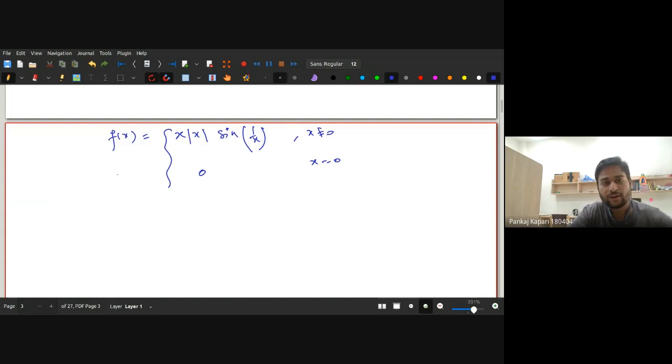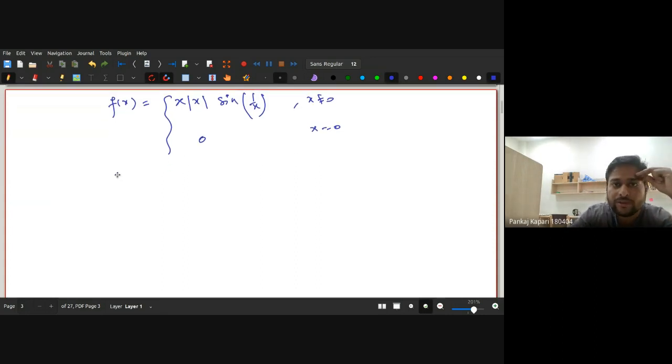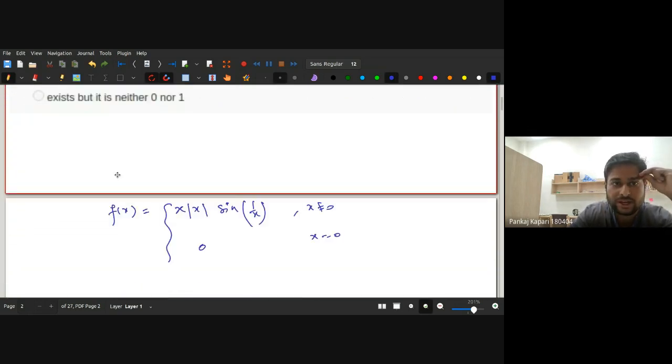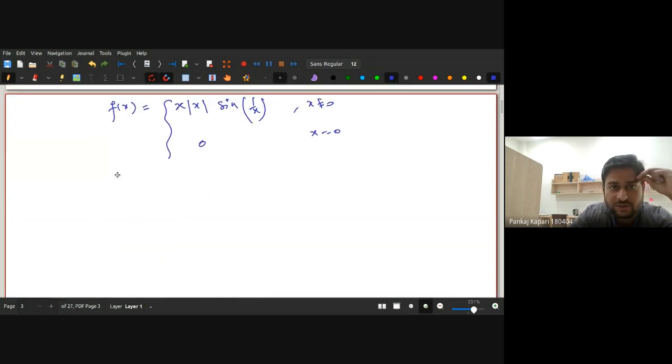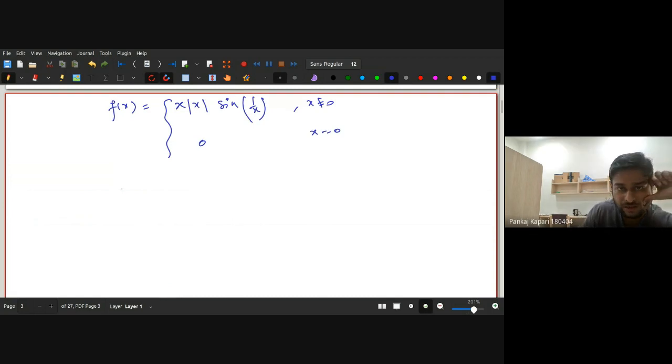And we have to find out if this function is differentiable at 0 or not, and if it is differentiable, to find the derivative. Actually, in the problem it says to find the derivative of the function at x equal to 0. So they have already assumed that the function is differentiable, but it's actually the same thing, because if the derivative exists, that means that it is differentiable at that point.